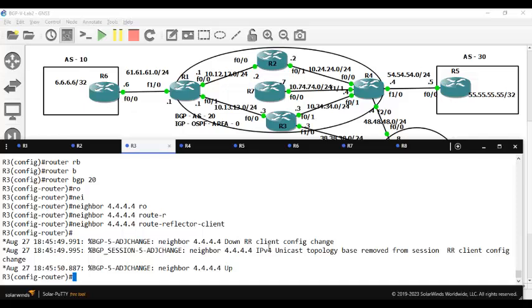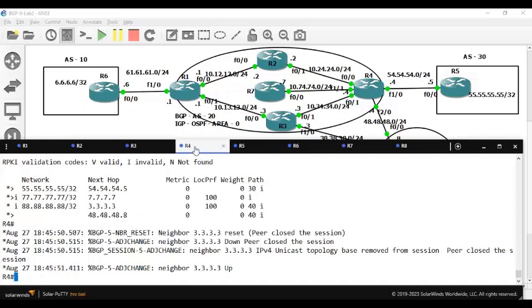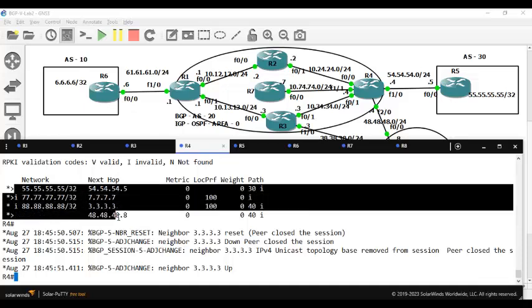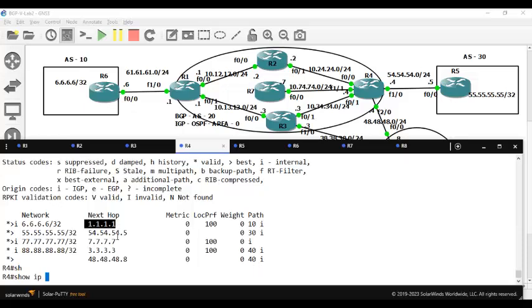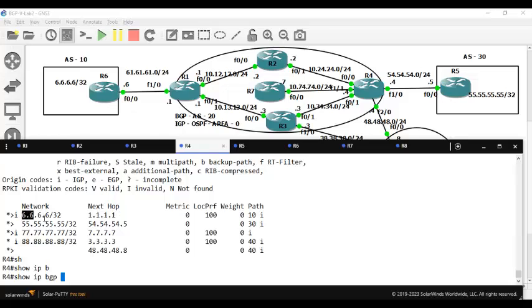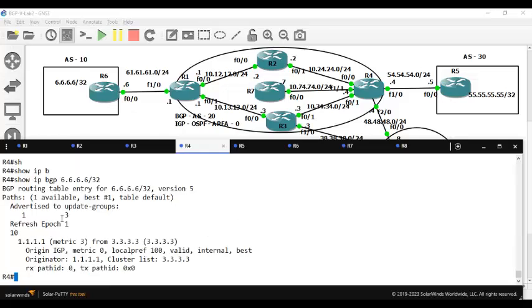Now let's go to router 4. In router 4, earlier we were not seeing 6.6.6.6, but now you have got 6.6.6.6. Who is the next hop? Router 1. But listen, show IP BGP 6.6.6.6. You see, it says the originator is 1.1.1.1, but who is the cluster?